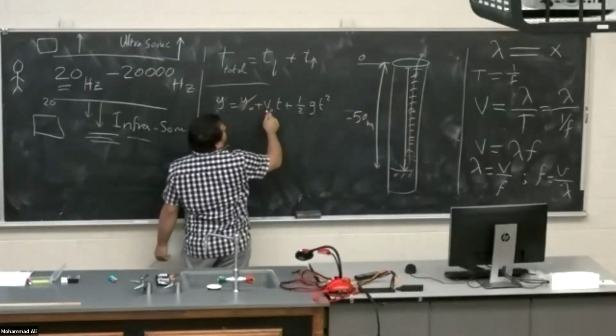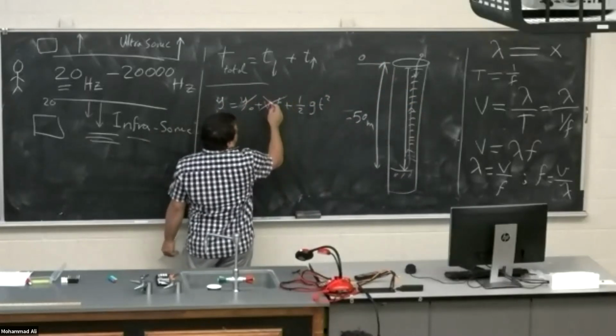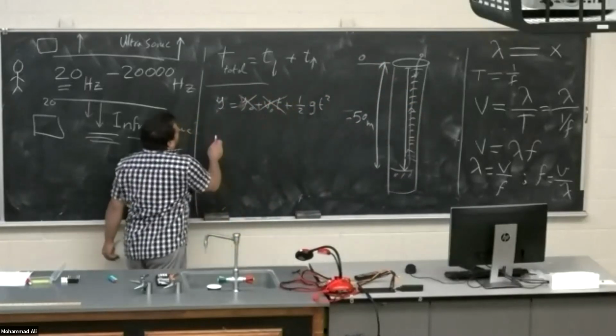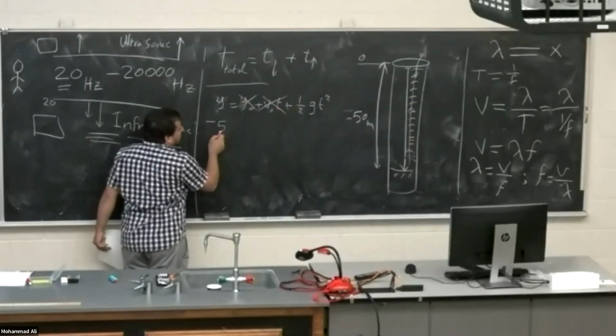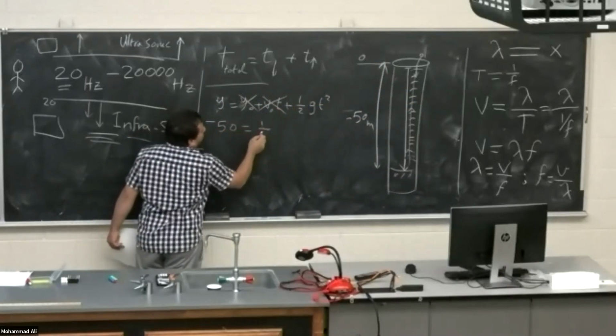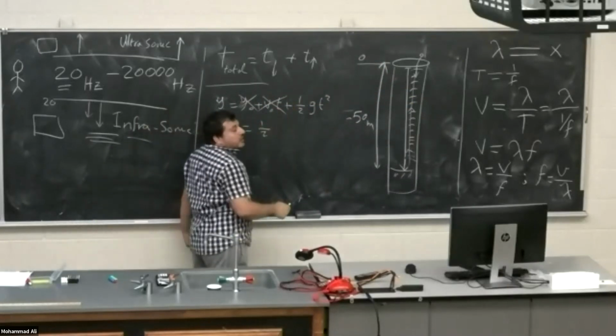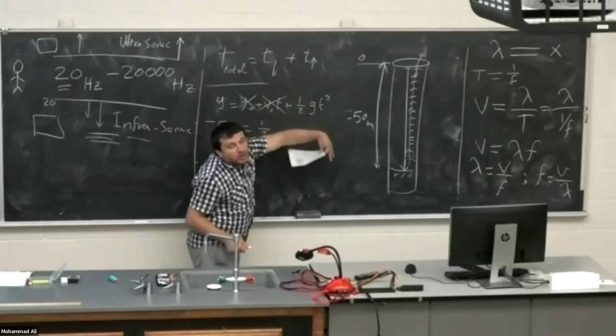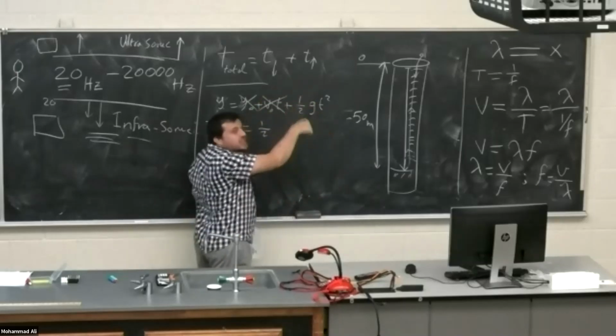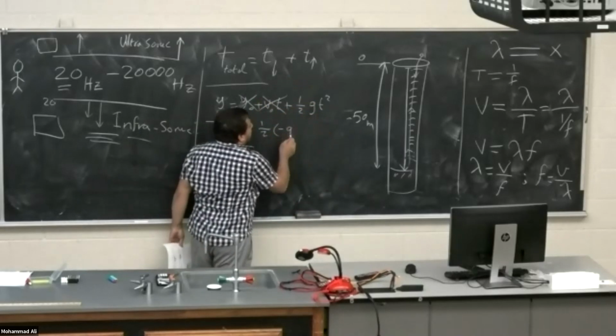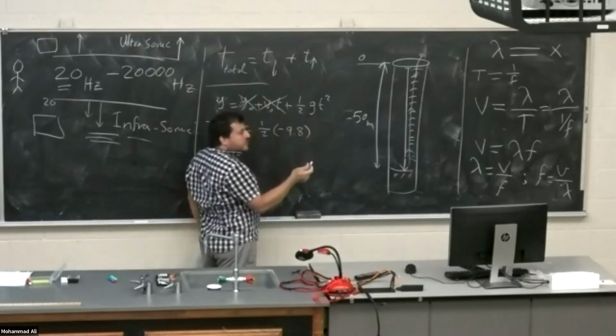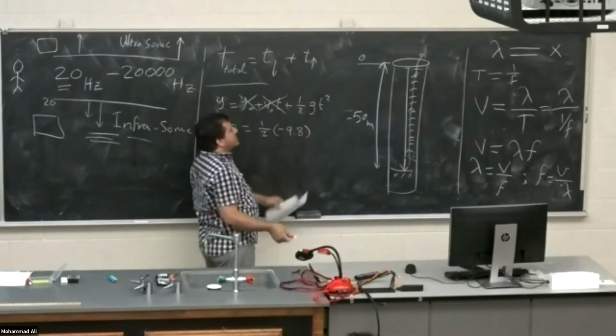Velocity initially is 0. Over 2, g. If downward is negative, then g is downward. It is negative 9.8 meters per second squared.